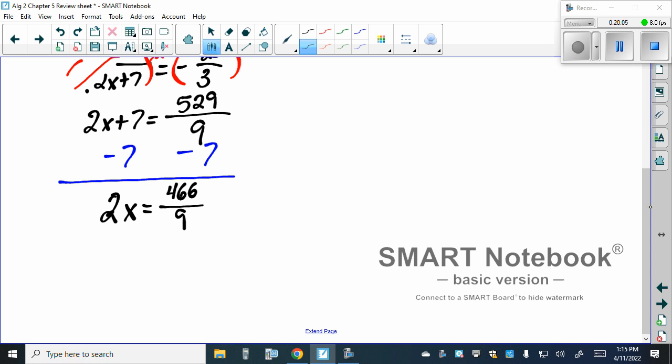And last but not least, we need to divide both sides by 2, because again, we need to get x by itself. So it tells us that x is 233 over 9.